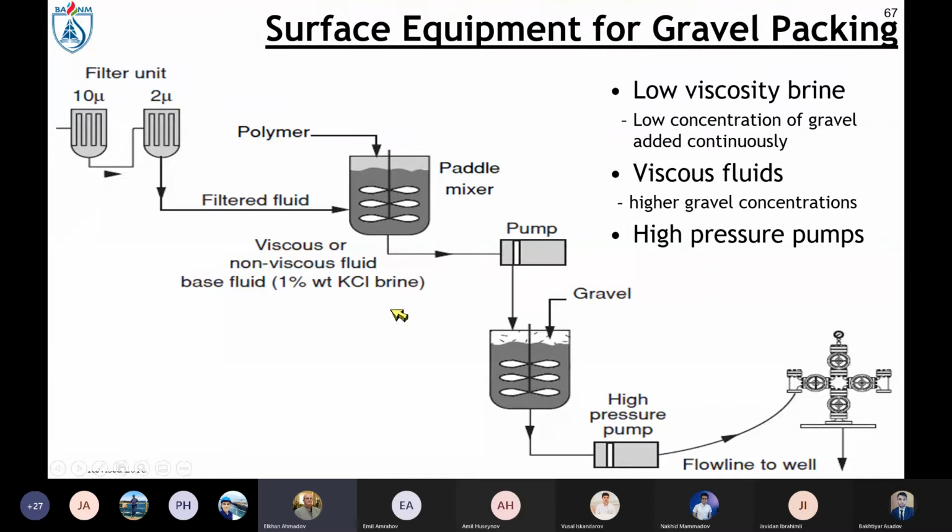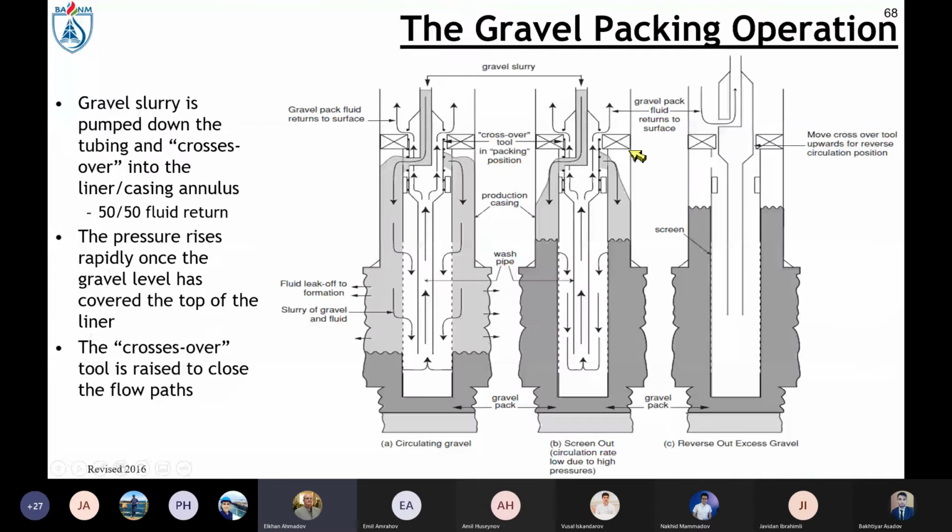Further, it goes through the tubing and through this crossover. The crossover is down here, and it goes through the tubing, and at the crossover it turns to the annulus and starts filling the annulus between the formation and the screen.